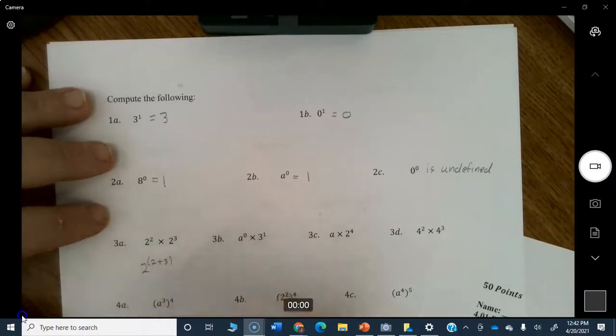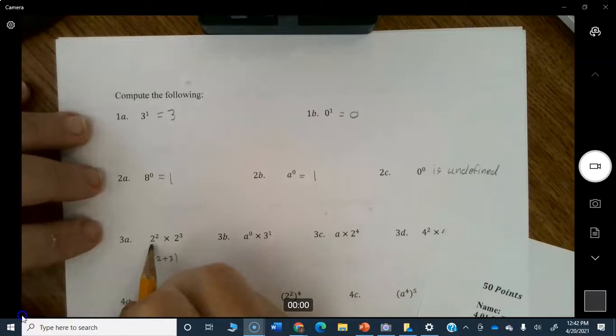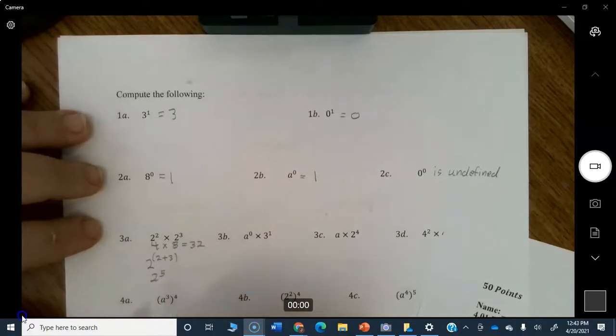What I want you to do is verify that. So 2 squared is 4. 2 to the third is 8. 4 times 8 equals 32. 2 to the 2 plus 3 equals 2 to the 5th, and 2 to the 5th is 2 times 2 times 2 times 2 times 2. That also equals 32.